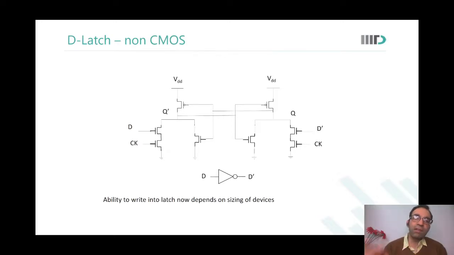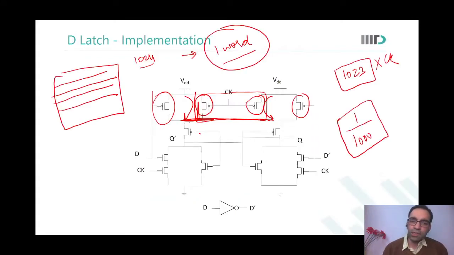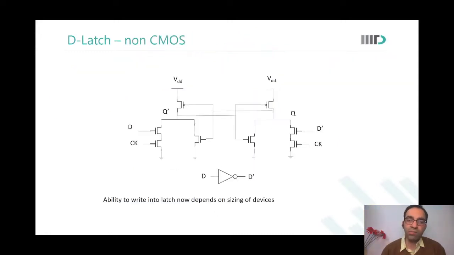However, when I remove those 4 PMOSes on the top and put VDD here, what happened? Over here there were these transistors which carried D and D bar. Now they are no longer there. If these 2 transistors are no longer there, then what happens?